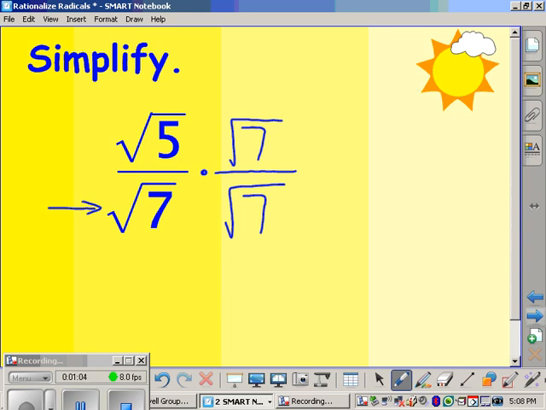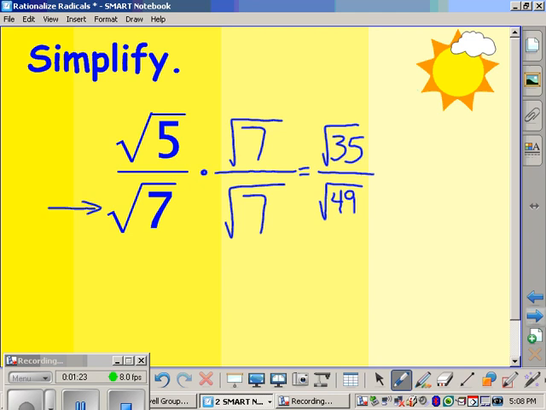Now leaving it in this format, we're going to then multiply the numerator, so radical 5 times radical 7, which is radical 35. In the denominator, we will multiply radical 7 times radical 7, and that's radical 49.